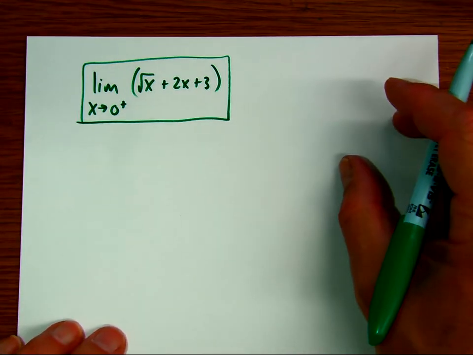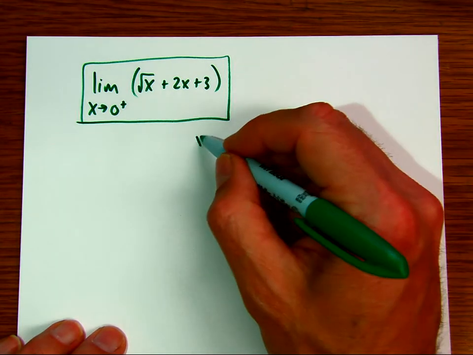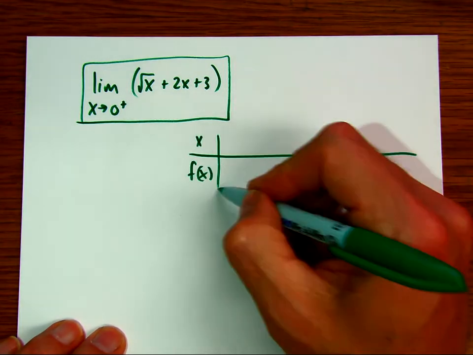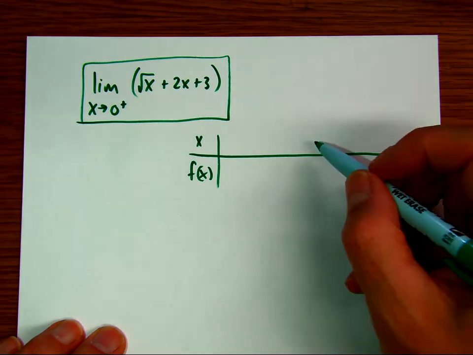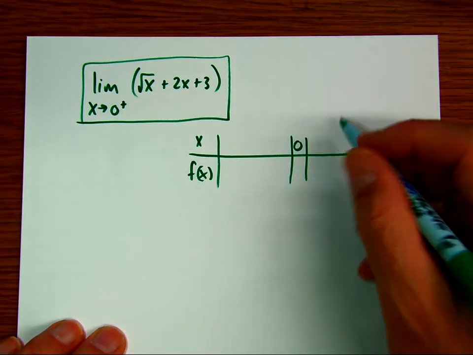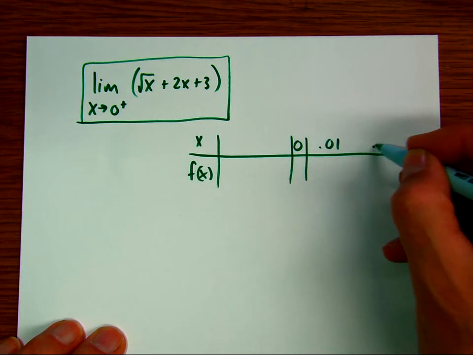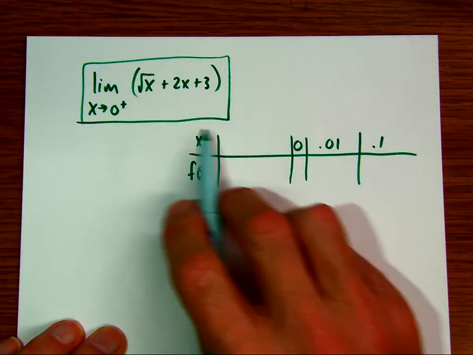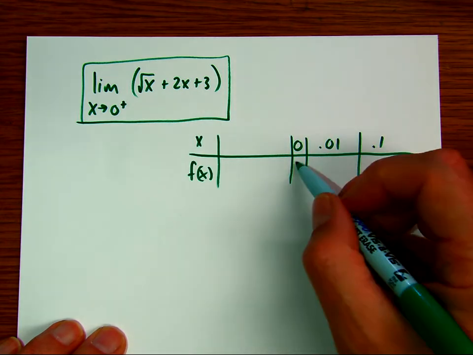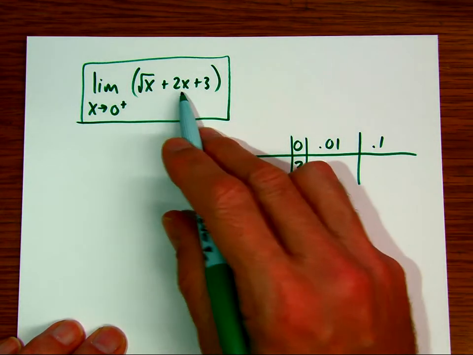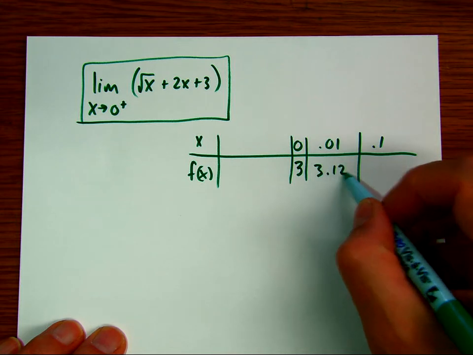And pause the video and try that one. Going to 0 from the right, so we only need to look at numbers on the right. And when we substitute 0, we get 3. When we substitute 0.01, 3.12.